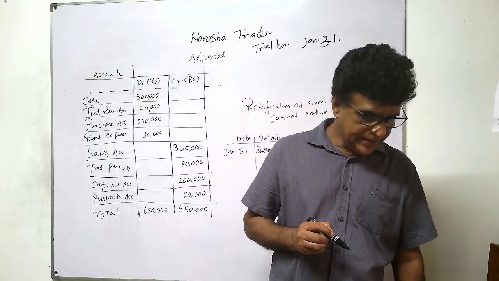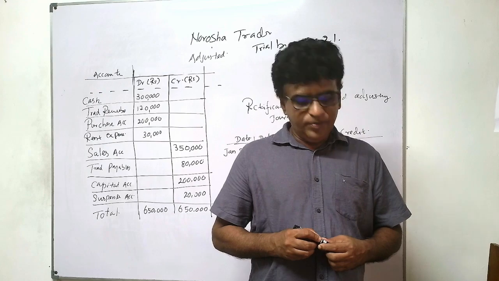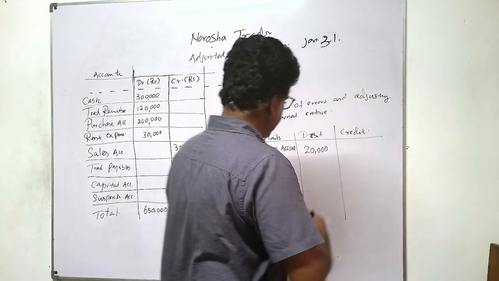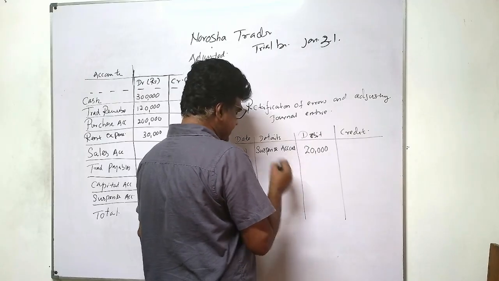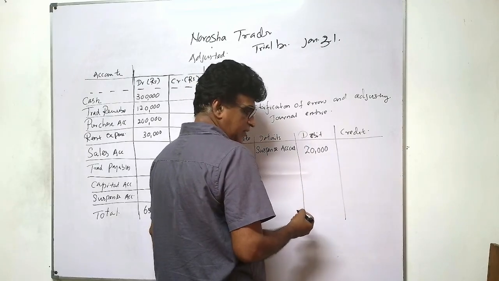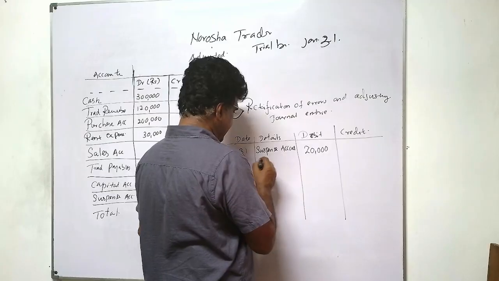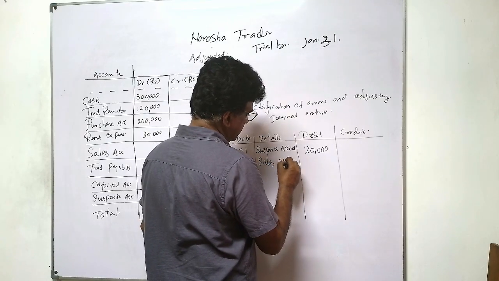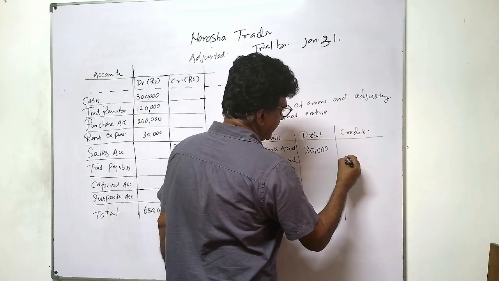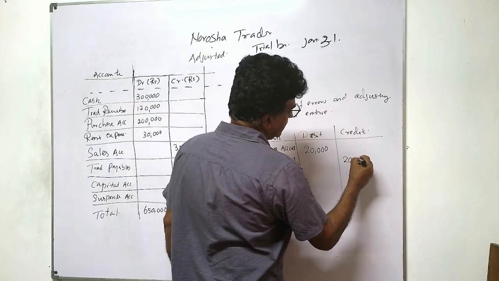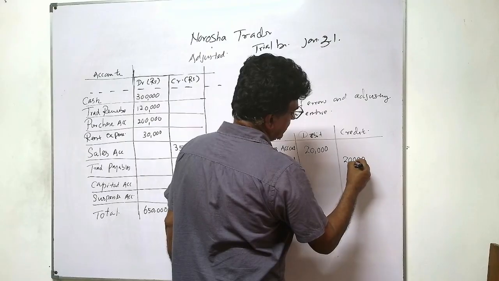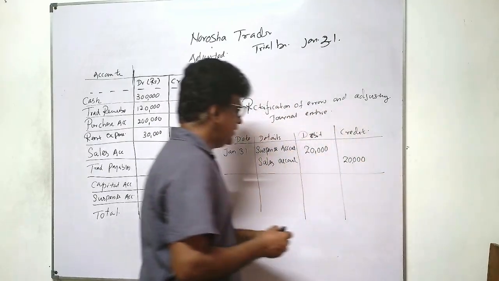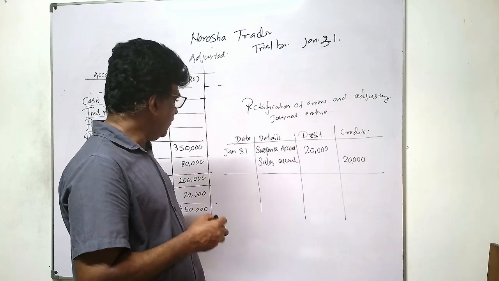But the sales account, we have to credit by the same amount. This is a credit sale. Then another account hit on this transaction is sales. Sales account we credit by 20,000 rupees. This is the first journal entry for error correction.